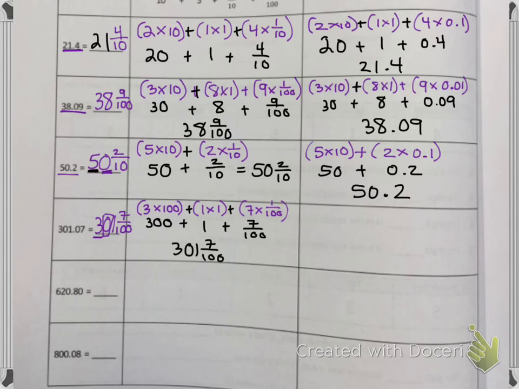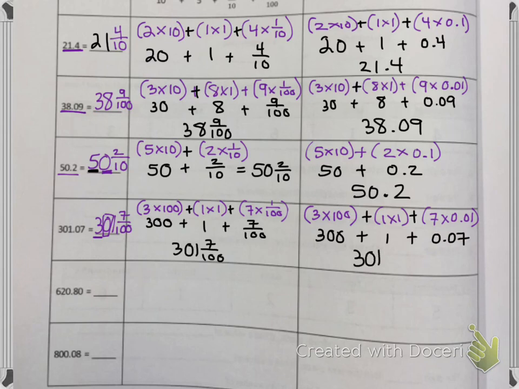Alright, so we're going to be doing the same thing here. 3 times 100 is 300. And then 1 times 1 is 1. And then we're going to be working with the decimal, so 7 times 0 and 1/100ths. We have 301 and 7/100ths. Awesome.